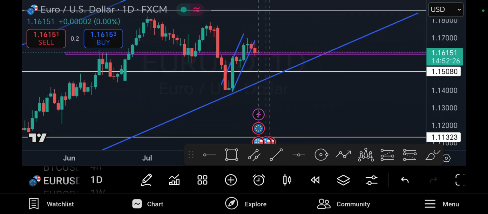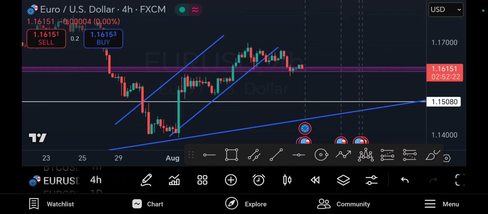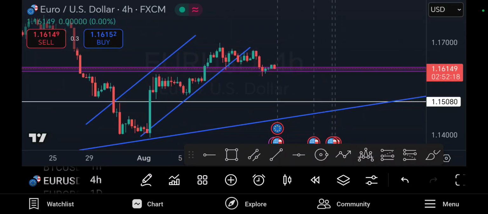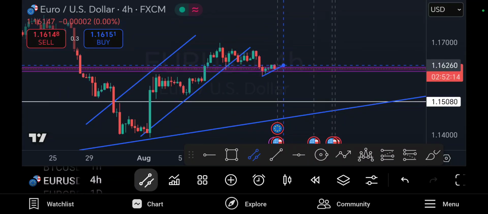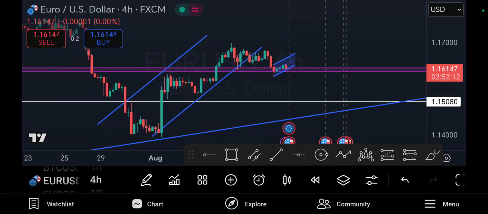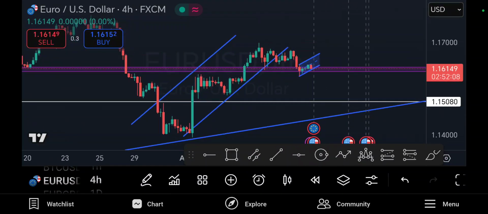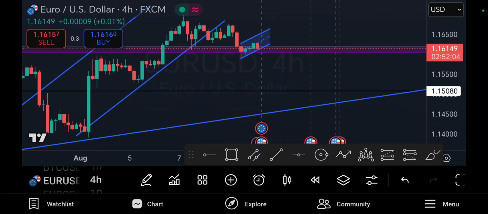So yeah, as I've said, okay, we're on the 4 hour now. Cool. So on the 4 hour, we're already seeing this pattern forming as well. So with that said, if it breaks to either side, we're taking the direction.